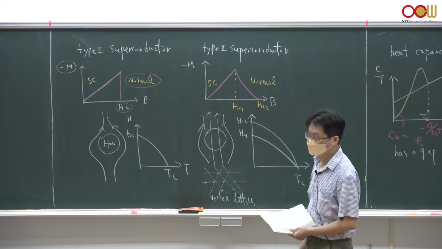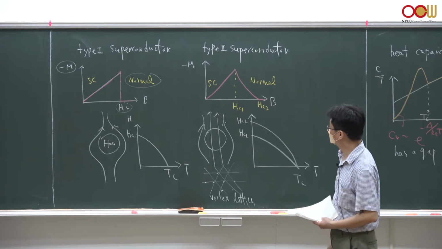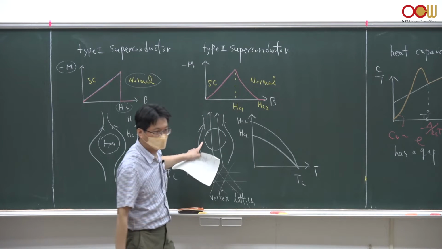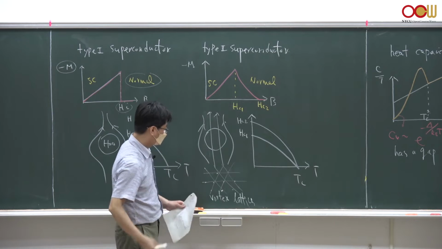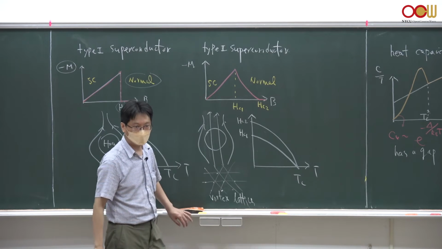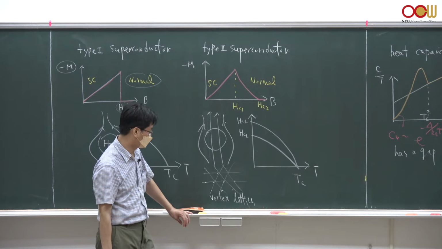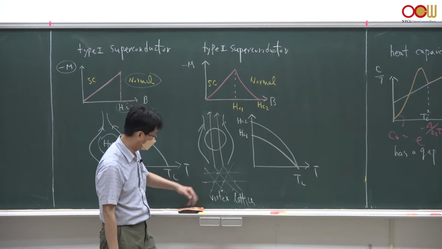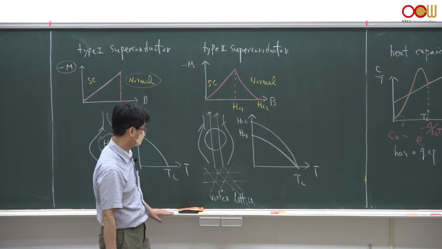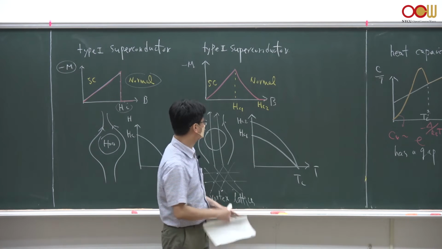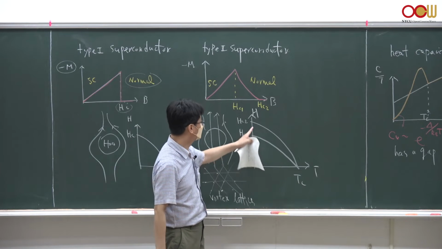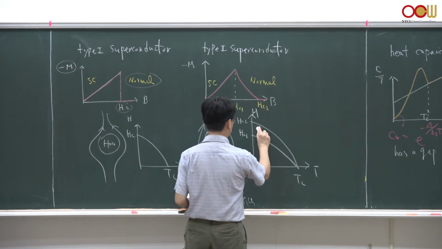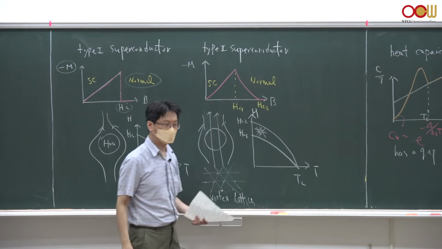This is type 1, but there's another type called type 2 superconductor, where you have partial penetration of magnetic flux into the system, and this magnetic flux forms a triangular lattice, which we call the Abrikosov vortex lattice, first introduced by Abrikosov a long time ago. The magnetization as a function of field shows an intermediate region where you have partial flux penetrating into the system.